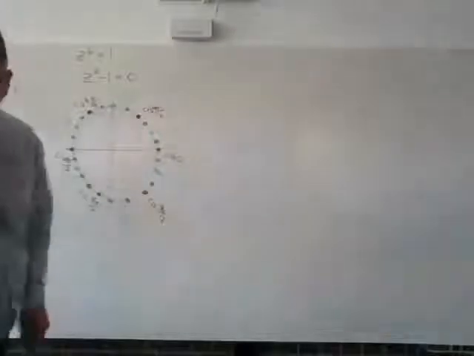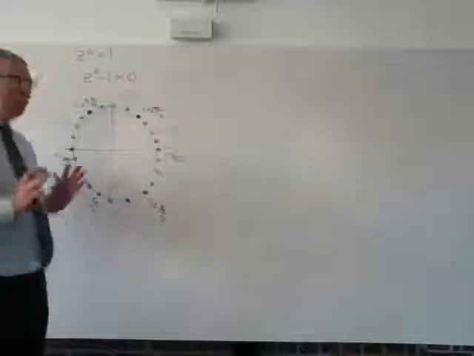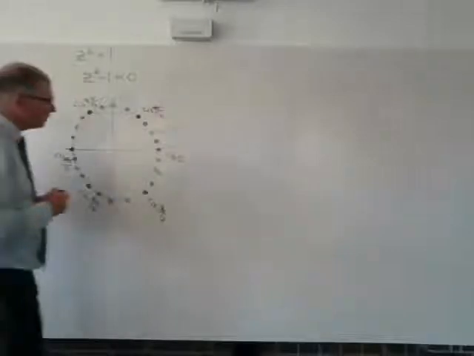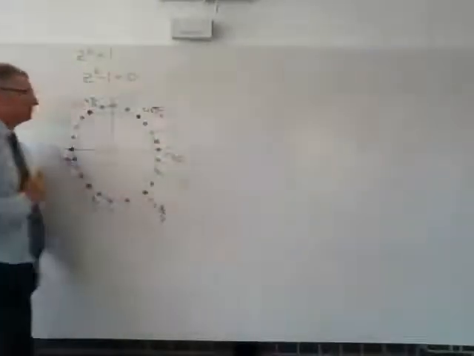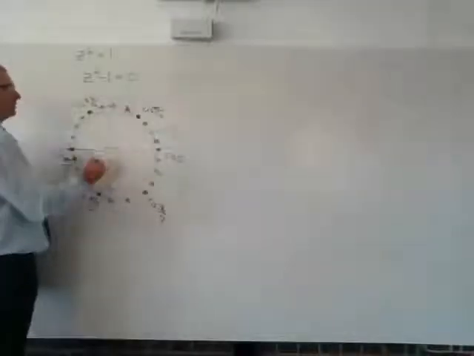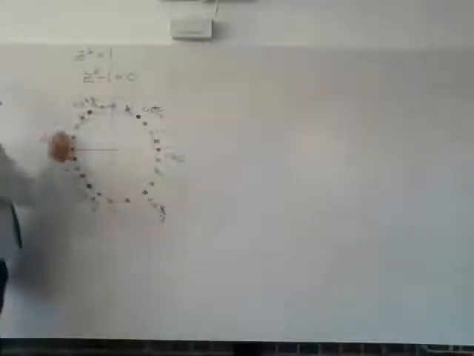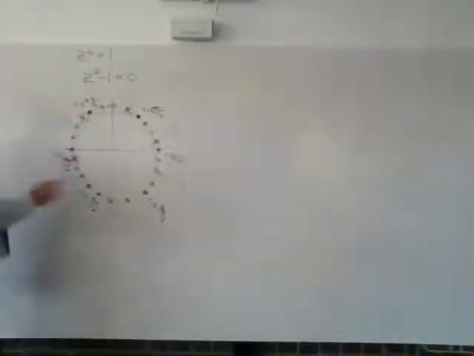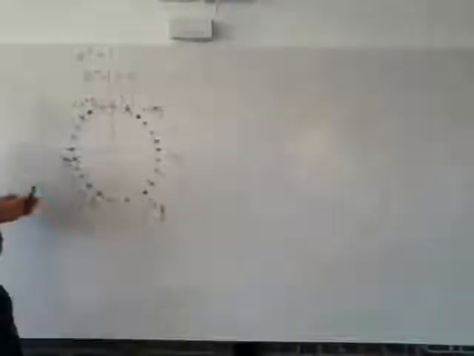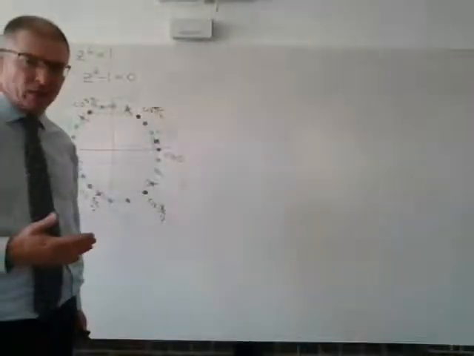Are there some of those dots that we could form a regular hexagon with? For example, could we start with pi on 12 here and skip that one and go to that one and skip that one and go to that one and skip that one and go to that one and skip that one and go to that one and skip that one and go to that one? If you look at the ones that have a cross, they will also make a regular hexagon.